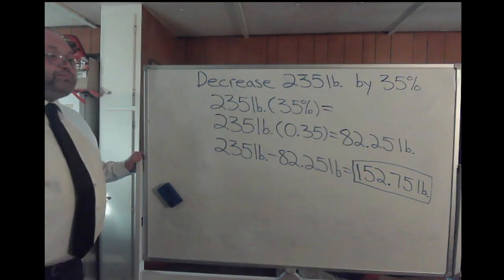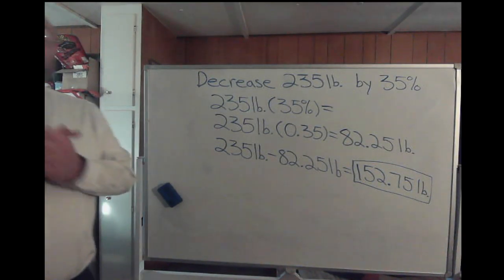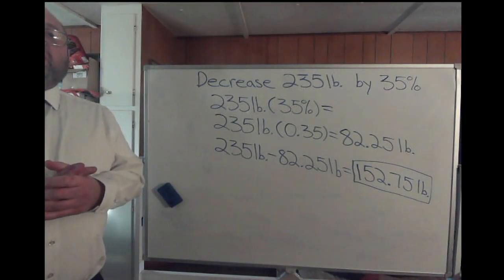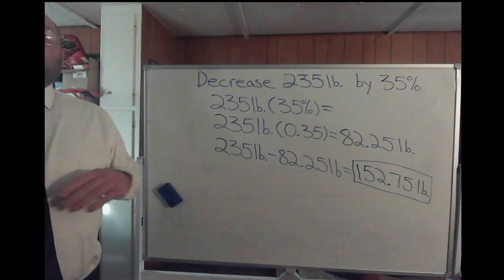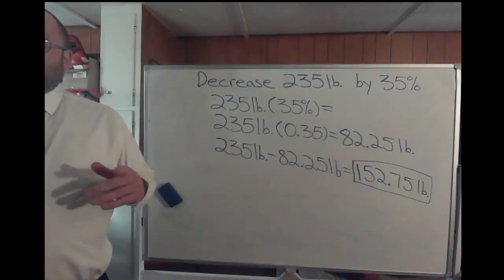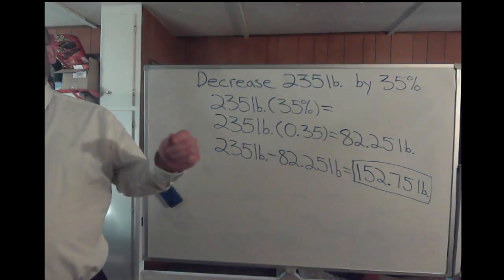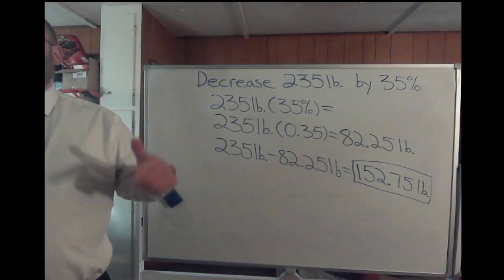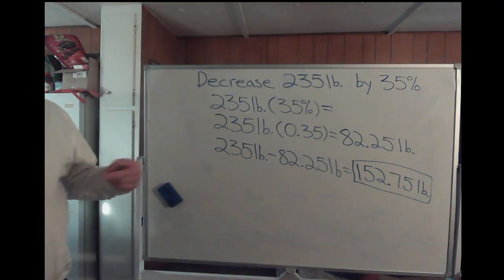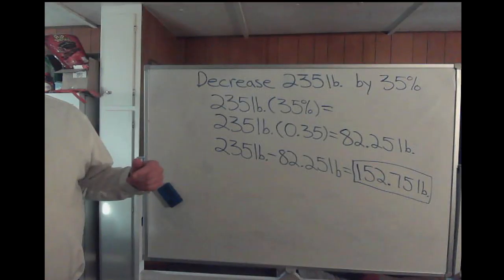Okay, so basically with these percents of change, if you're increasing or decreasing, let's say you know what the first number is, your original number, and you know what it's increasing to or decreasing to, the second number, you just figure out the difference between the two numbers and put that difference over your original.